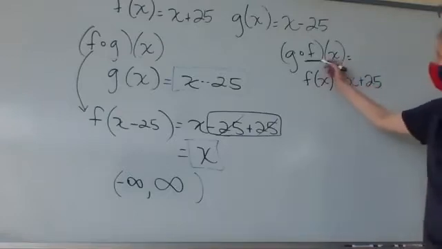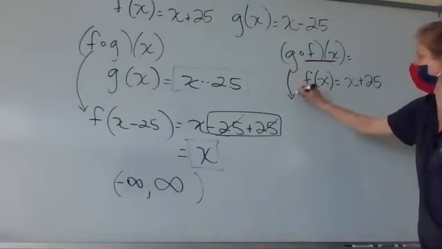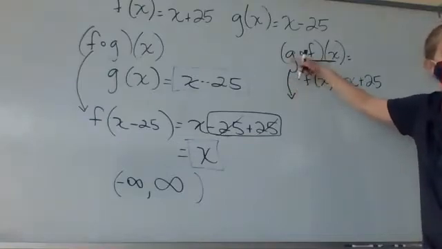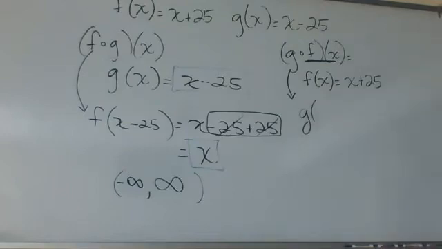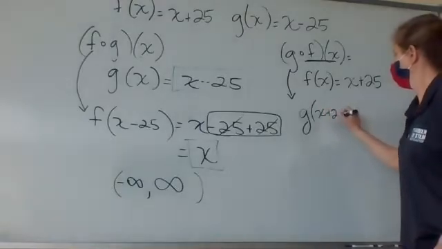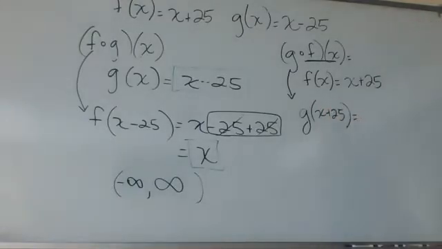So I'm done with the inside, which means now I will drop down this g. And what do you find g of? Whatever the last part of the answer was. What was the last part of the answer? x plus 25. So what does that mean I need to do?